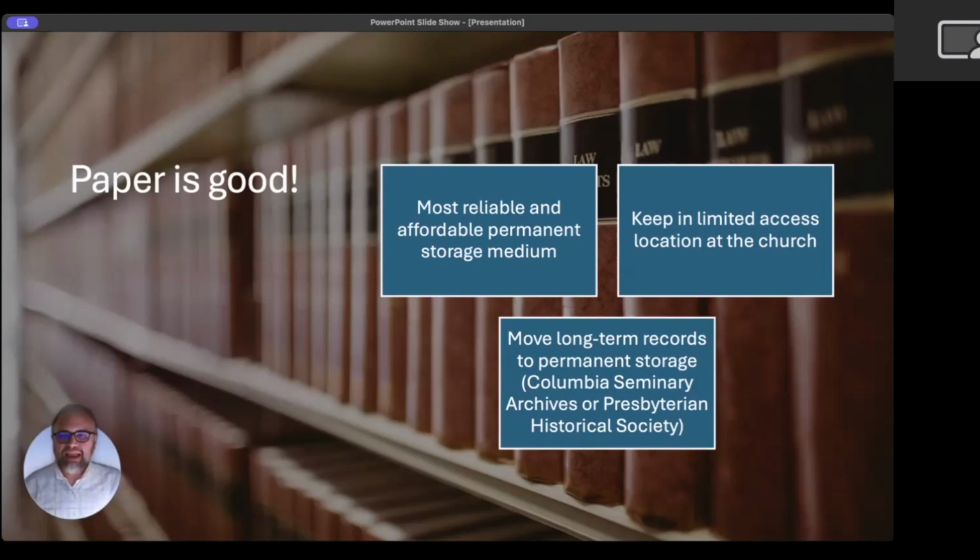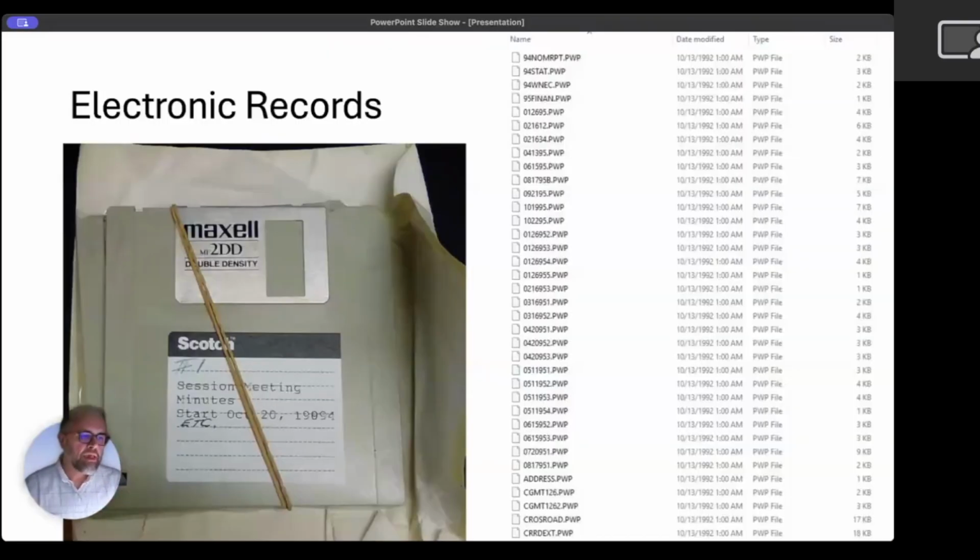And why is paper preferred over electronic records? So 30 years ago, this is what an electronic record looked like. Can you do anything with that today? I suspect most of us don't have any kind of device that will read that disk.